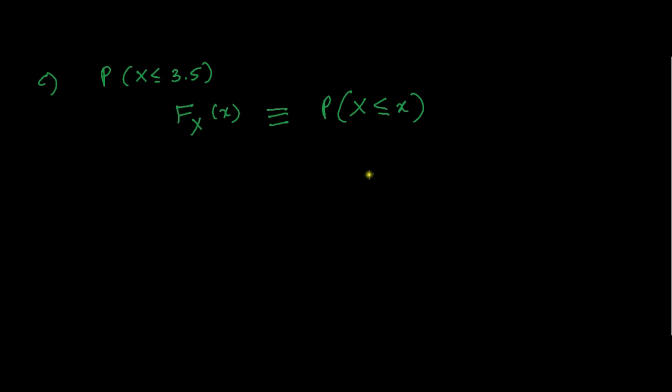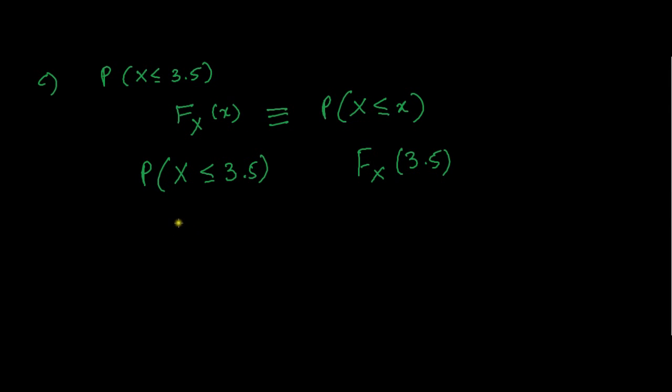So in this question they have asked the probability of capital X less than or equal to 3.5, so it's nothing but the value of the cumulative distribution function F of 3.5.